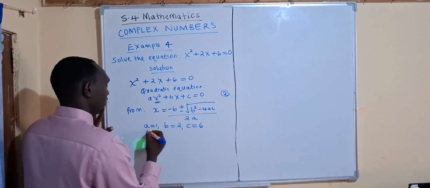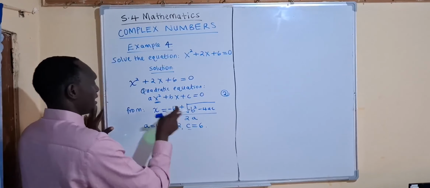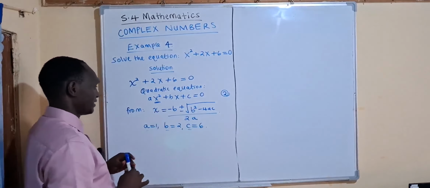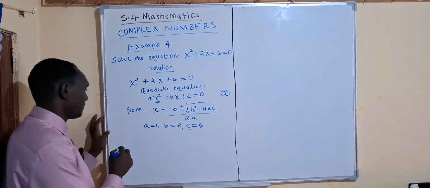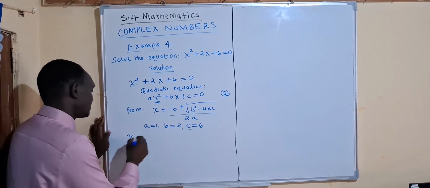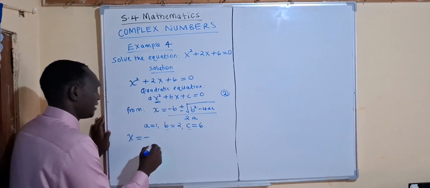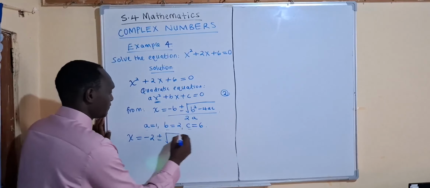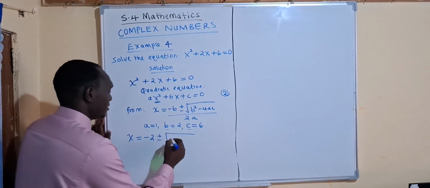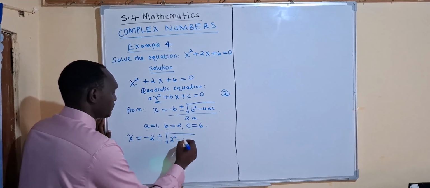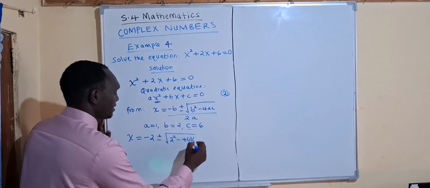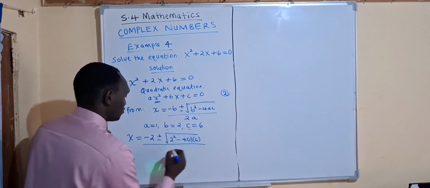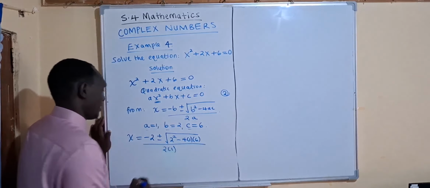So we substitute for a, b, and c in the general formula so that we can get the values of x. So x equals negative b, b is 2, plus or minus the square root of b squared, which is 2 squared, minus 4 times a, which is 1, times c, all over 2 times a, which is 1.